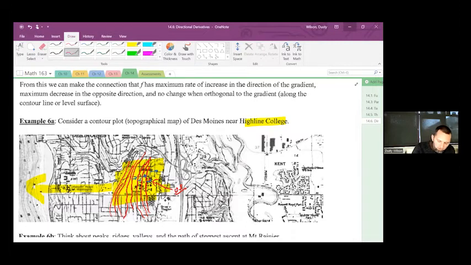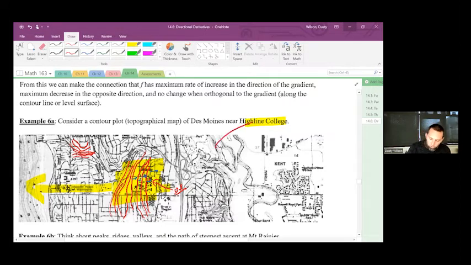You might also notice in this picture that if we move into the city of Des Moines, you can see other contour lines. Those contour lines are in other directions, and that represents the fact that there's another hill in the city of Des Moines.